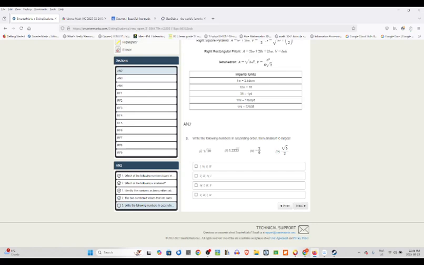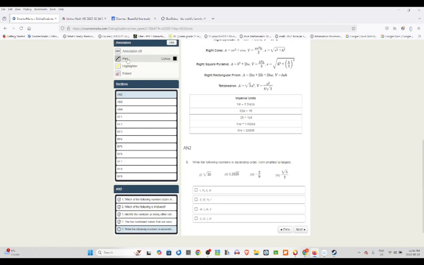Now, ascending order from smallest to largest here. So if we do our decimal approximations, the square root of 20, approximated as a decimal, that is 4.472, which is greater than 1.23 repeating.